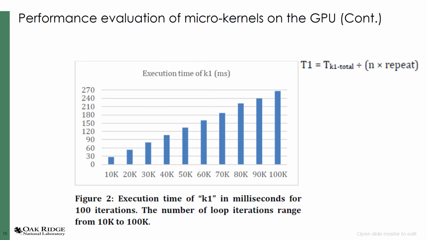The kernel time increases almost linearly from about 27 milliseconds to 267 milliseconds. Hence, the estimated average time of an atomic addition over global memory is about 27 nanoseconds.